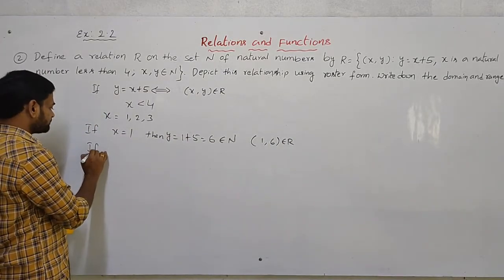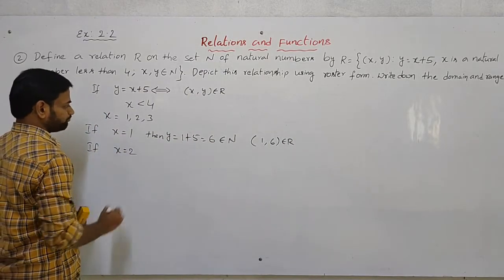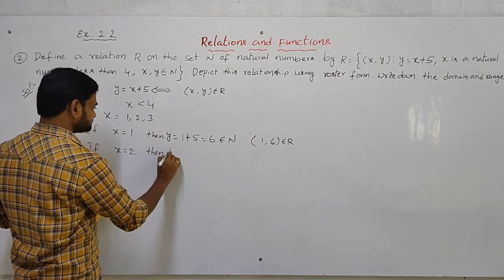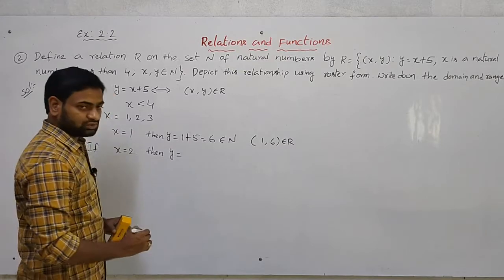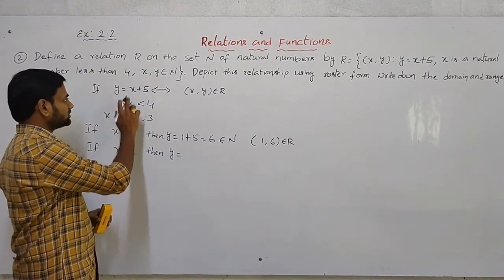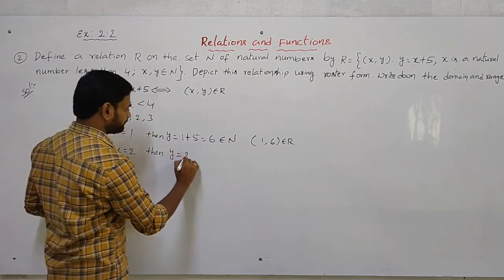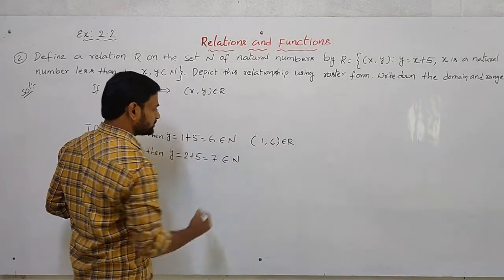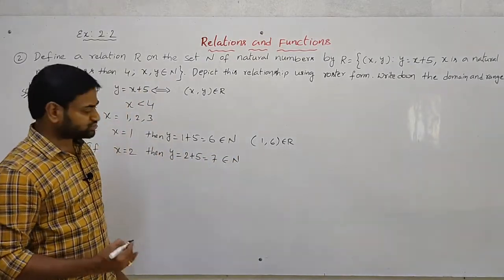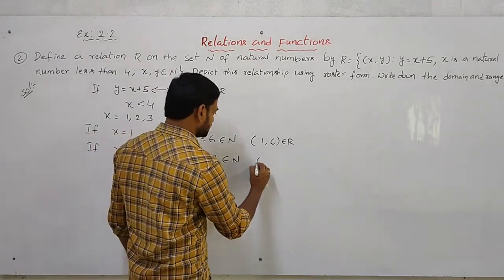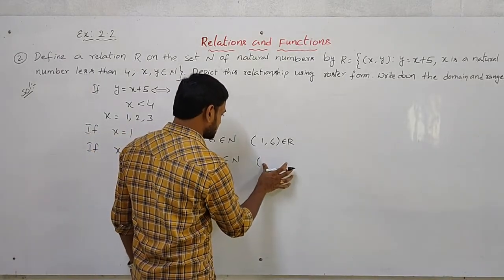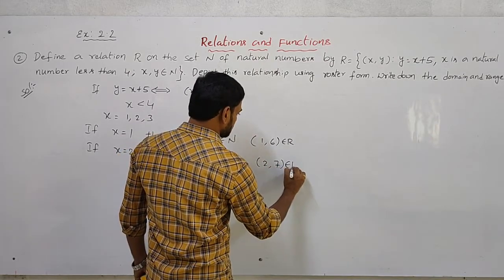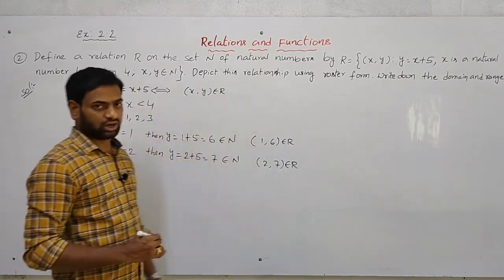Next, if x value is 2, then y equal to 2 plus 5, that is 7. This 7 also belongs to natural numbers. So the ordered pair (2, 7) belongs to the relation R.